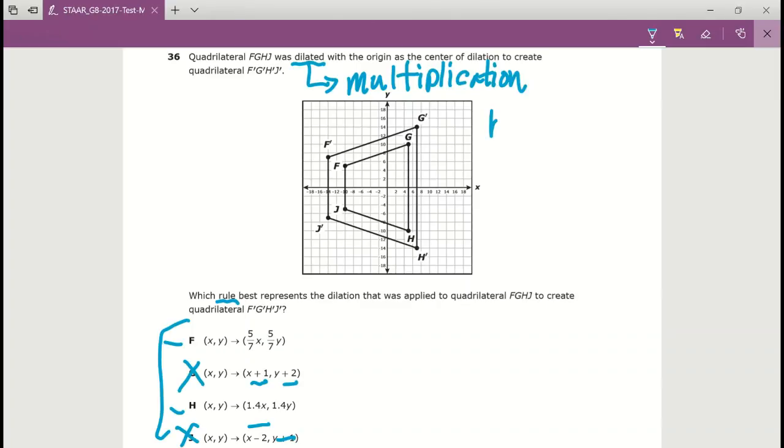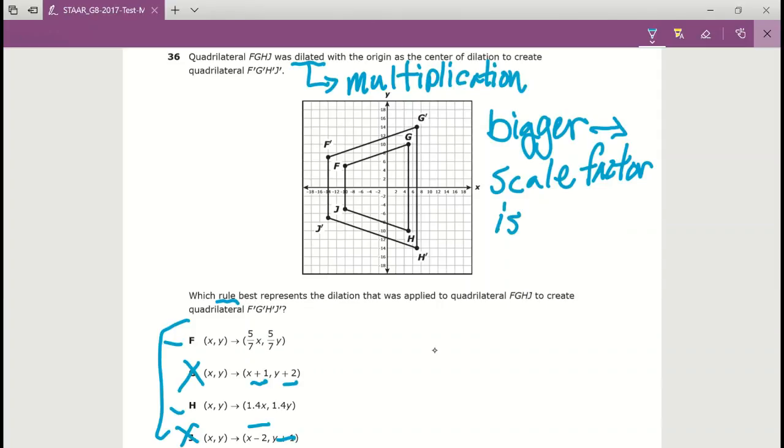So we're getting bigger. So that means our scale factor is bigger than 1. Remember, the scale factor is a number that goes in front of our x and our y.